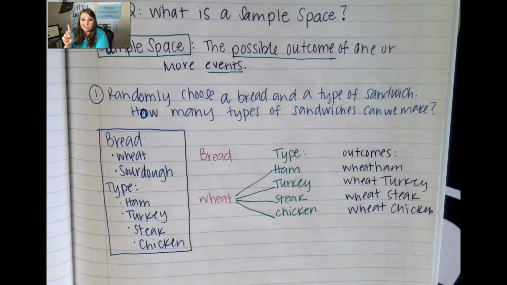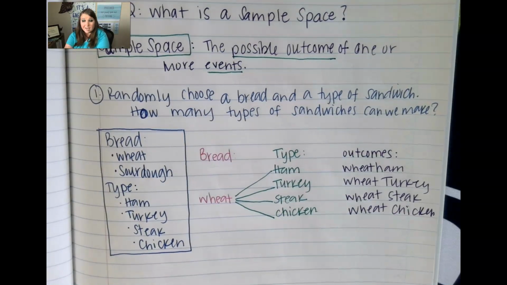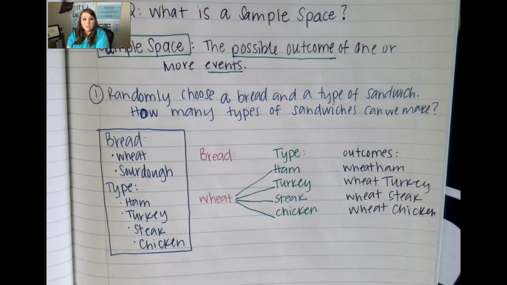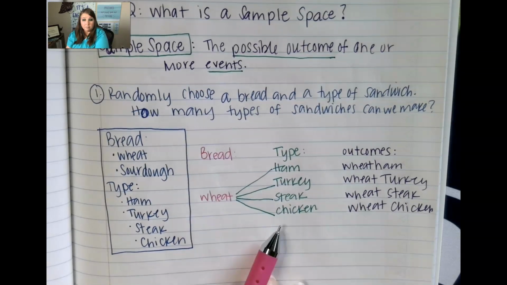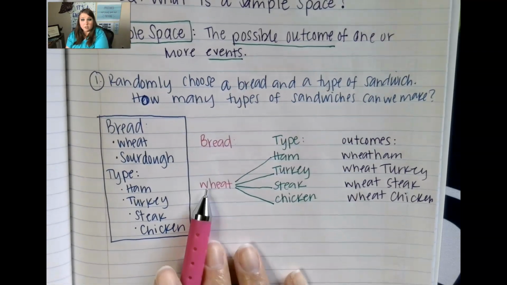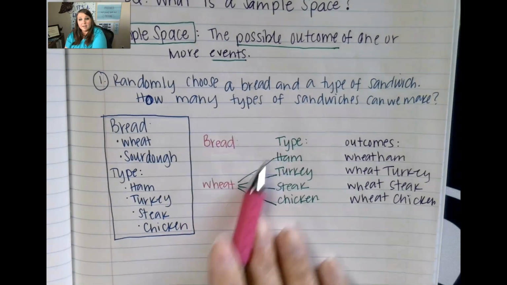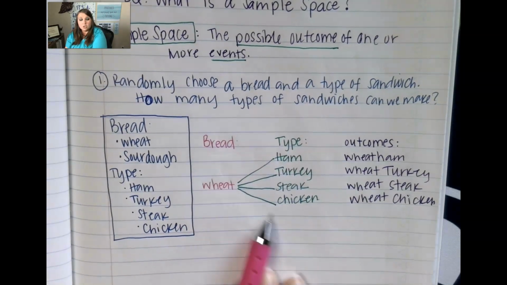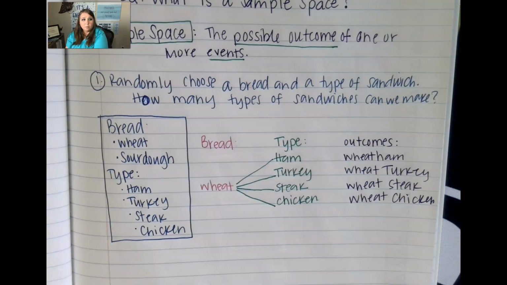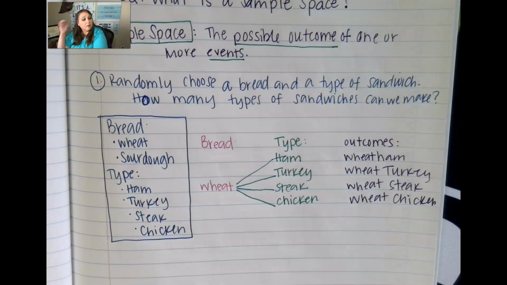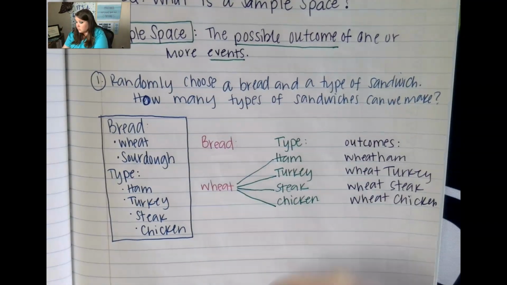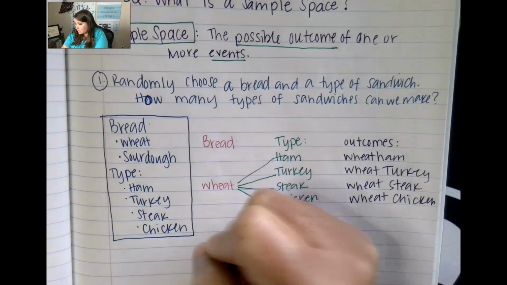But we have one more type of bread. We have sourdough, right? And this is called a tree diagram right here. Here's like the trunk of the tree, and then it's growing into these branches. So these are tree diagrams. The other type of bread that we have is sourdough.